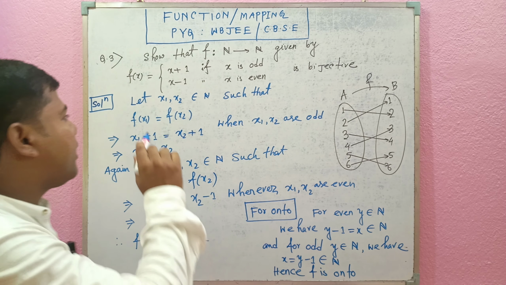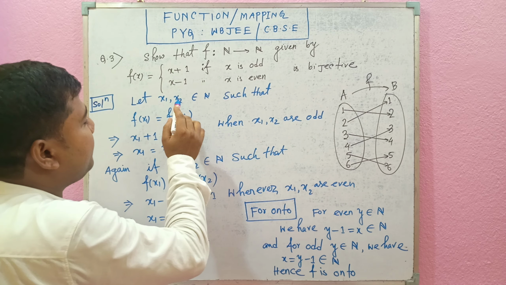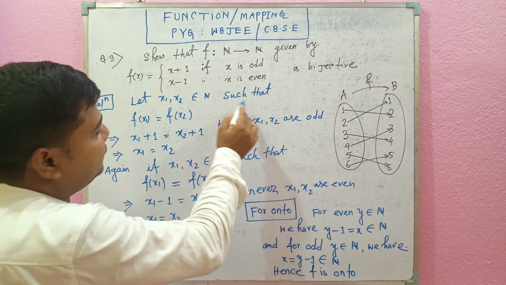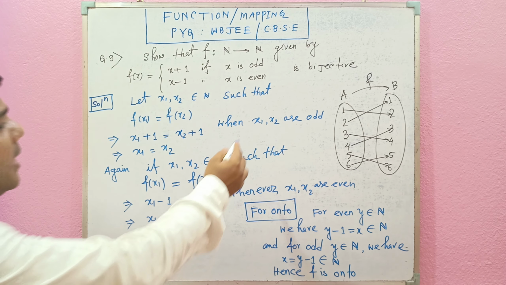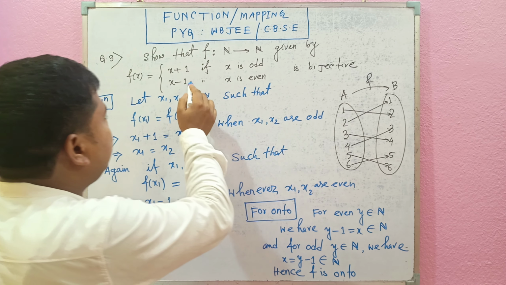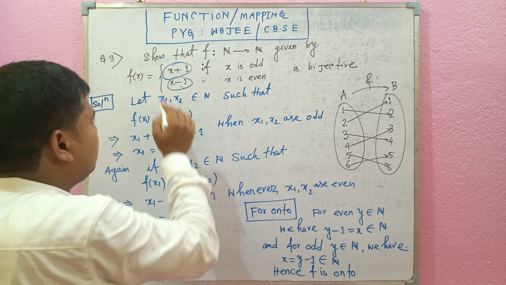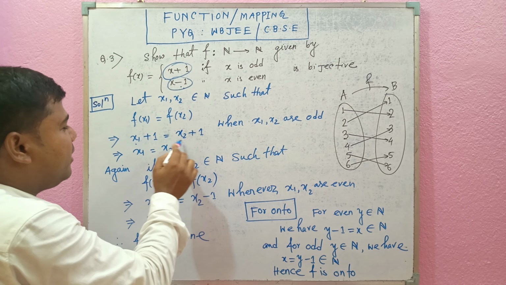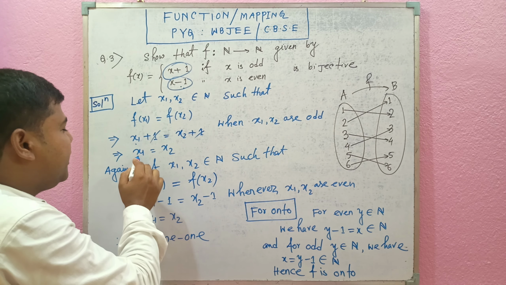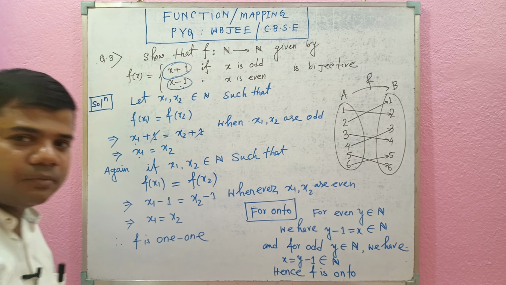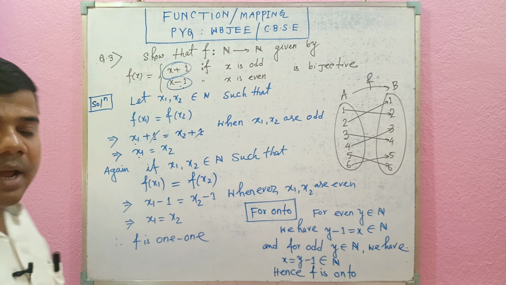Okay, so for injective or 1-to-1, let x1 and x2 be 2 elements belonging to the natural numbers such that f of x1 is equal to f of x2. If x1 and x2 are odd, then x1 plus 1 is equal to x2 plus 1. Plus 1 out, then it becomes x1 is equal to x2, which implies that f is 1-to-1.